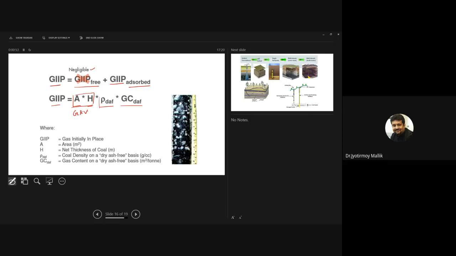multiplied by rho, that would give me the mass. And then I will multiply that with the gas content that I have calculated using the Langmuir isotherm that we talked about in the last class.